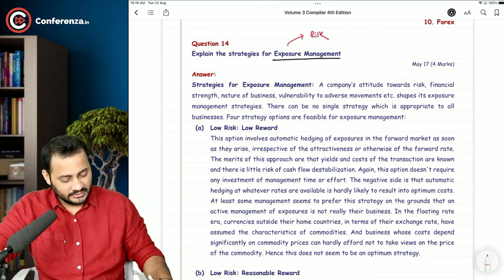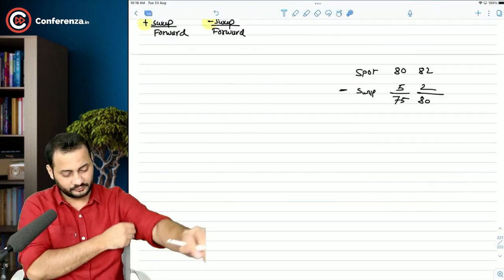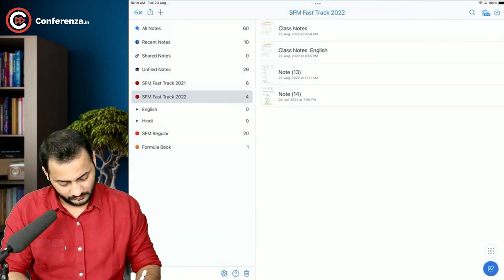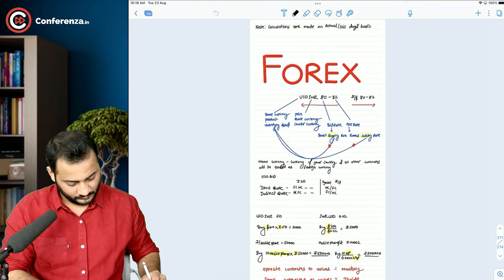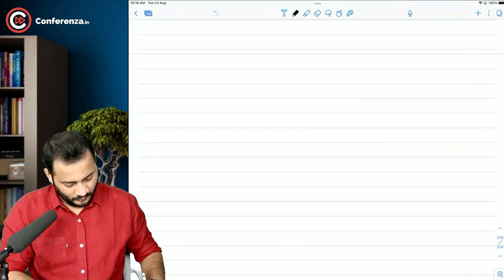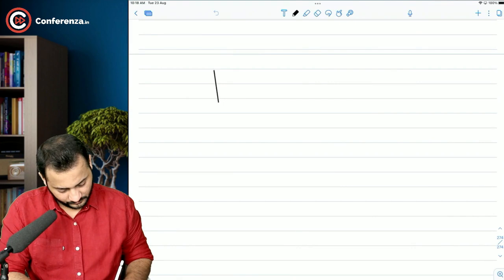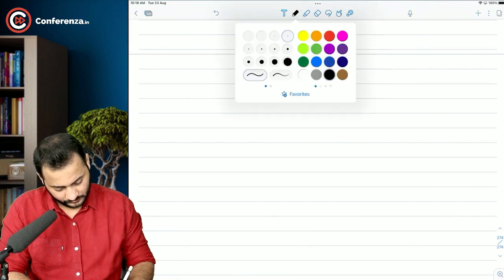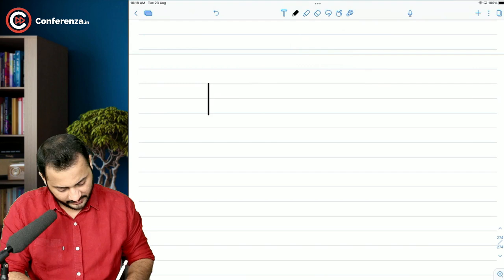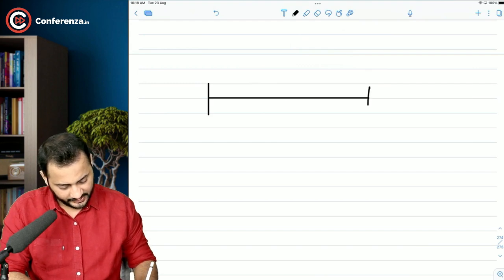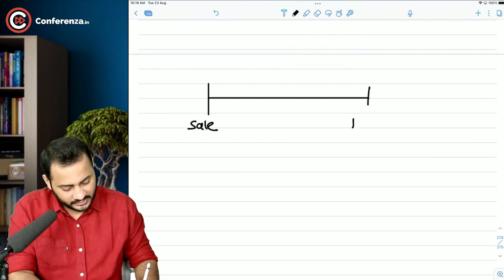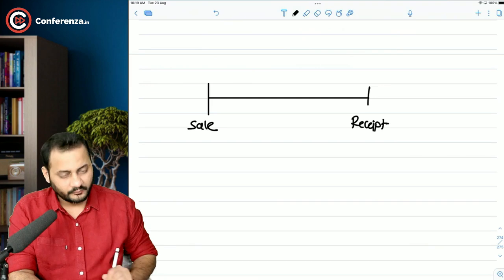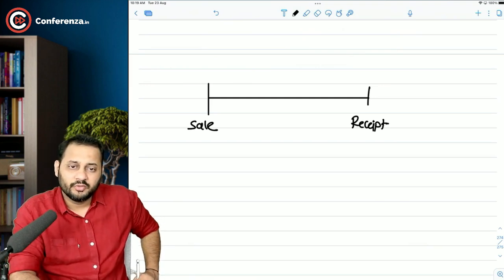Let me just explain that to you. So this is a timeline, and in case you are an exporter, you are making a sale here, doing the transaction here, but the money, the revenue, will be received after, let's say, 6 months.